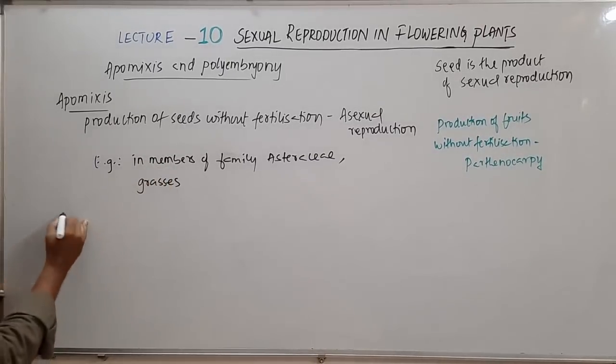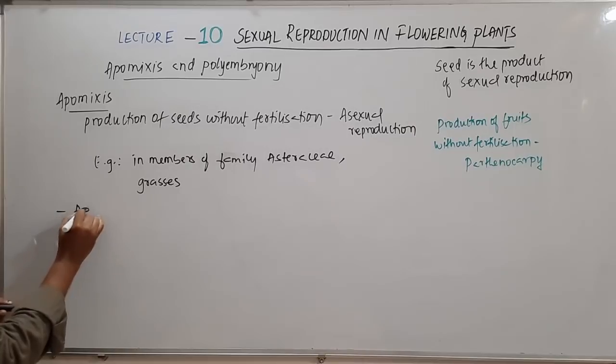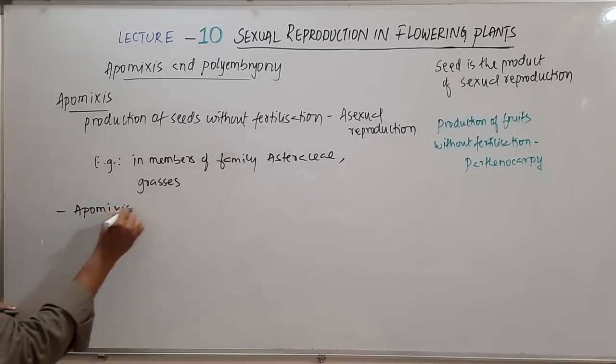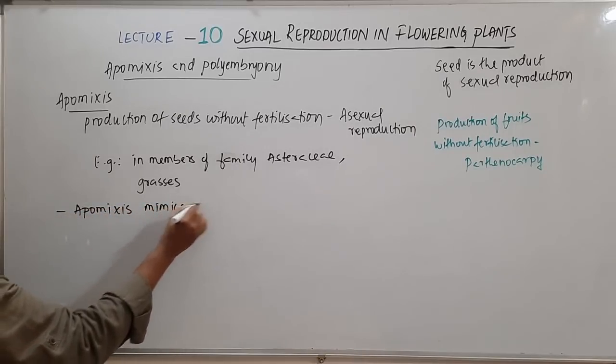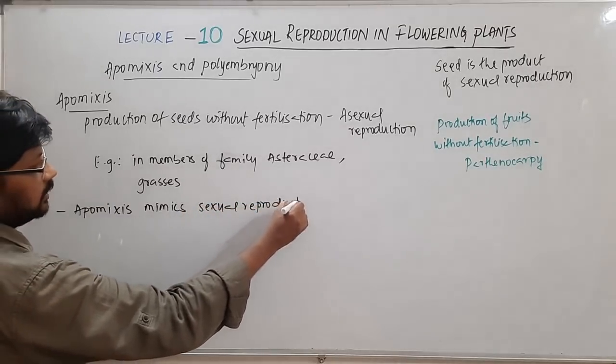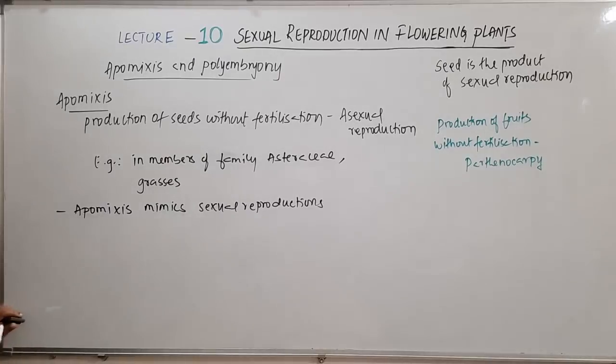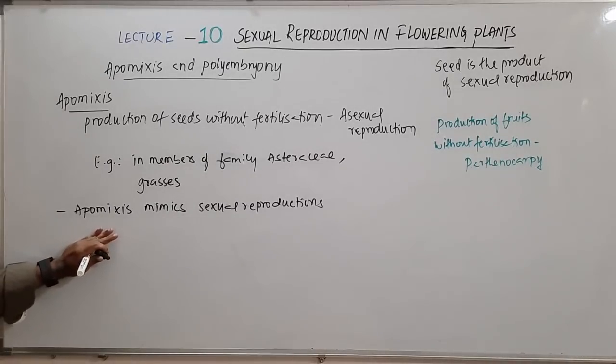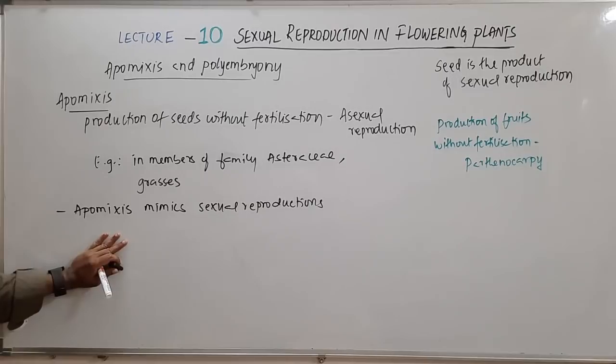In simple words, apomixis mimics sexual reproduction, but it is obviously a form of asexual reproduction.